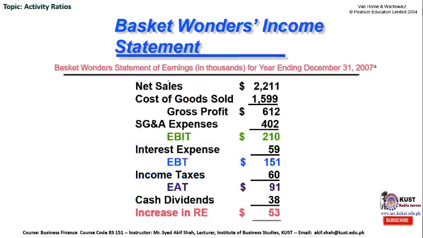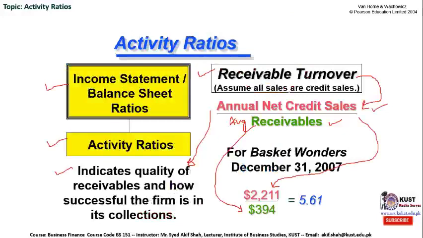Since this is the income statement we have selected for our analysis, the net sales data is written at the top of the statement, which is 2211. Therefore, we can conclude that we have correctly picked up the required data to calculate the financial ratio. So after plugging the data in the relevant formula, we come up with the ratio of 5.61.